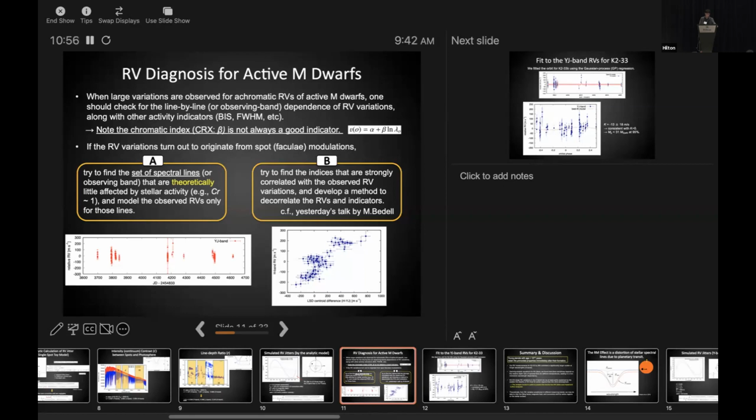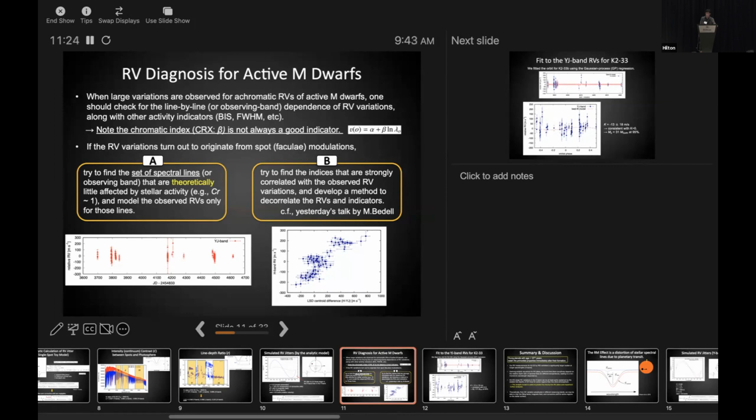And if the LV variation turns out to be originating from the spot modulation, then we probably have two directions to go. One is to try to find the set of spectral lines that are theoretically less affected by stellar activity, for example, CR close to 1 in the last equation.